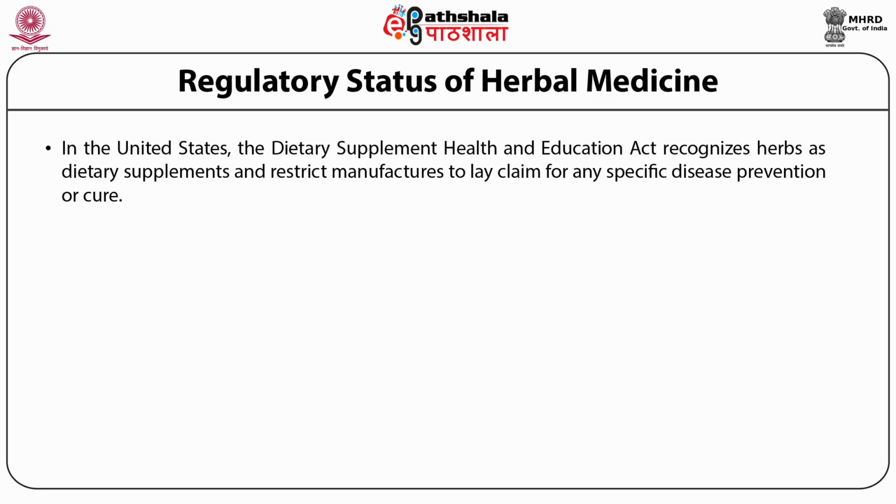This United States Act recognizes herbs only as dietary supplements. It prevents manufacturers from claiming any specific disease prevention or cure by these herbal supplements. This means that in the United States, these herbal medicines only make dietary supplements, rather than drugs.